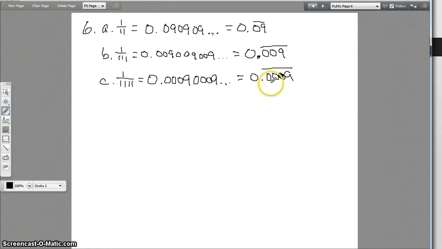Okay. Part D says look at your answers for parts A through C before answering the following questions about the decimal form of 1 over a very large number. Let's see, we have 1, and then 3 1s, and then 3 1s, and then 3 1s: 1,111,111,111.